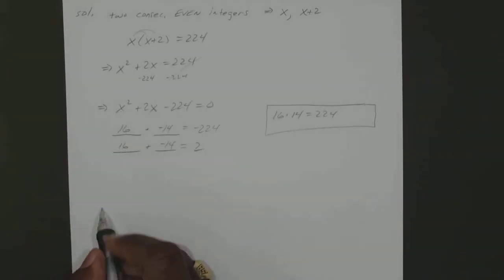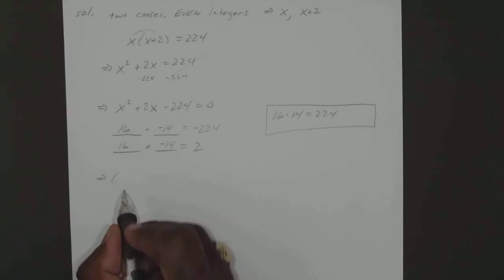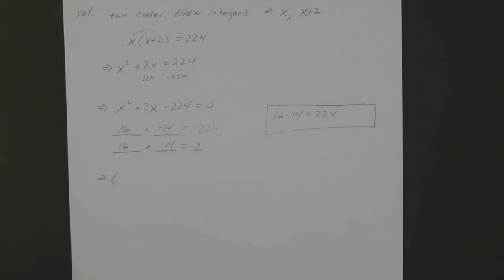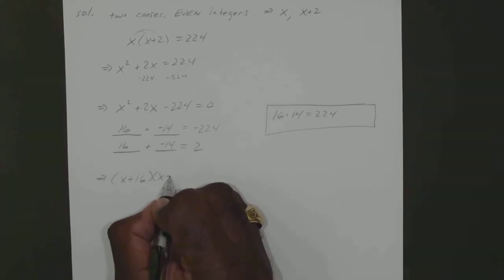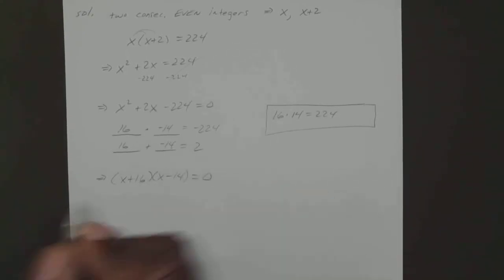That means this can be replaced with x plus 16 times x minus 14 equals 0.